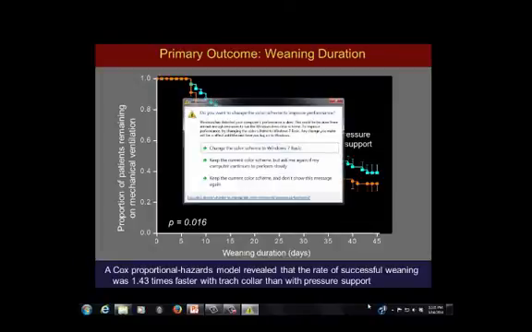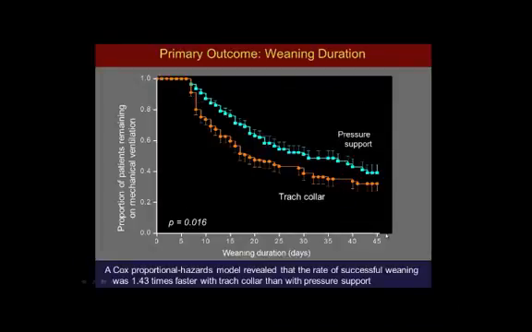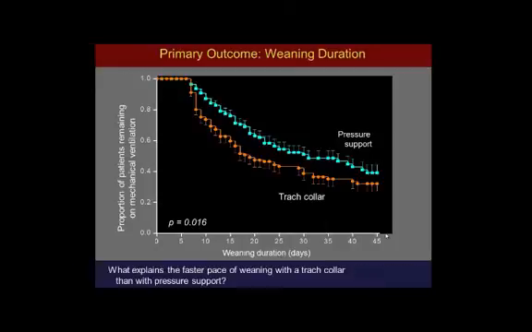And when you use a Cox proportional hazard, which allows you to compute the odds ratio, as it were, or the hazard rate with the different techniques, you can see that the rate of successful weaning was 1.43 times faster with a trach collar than with pressure support. That's a 43% difference. So that's a very large difference in the pace of weaning with the 2 techniques.